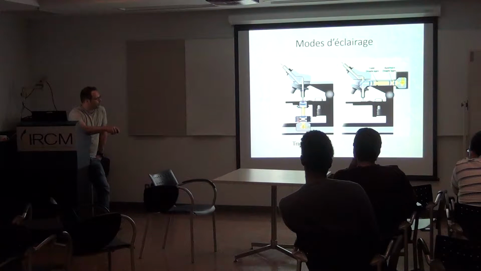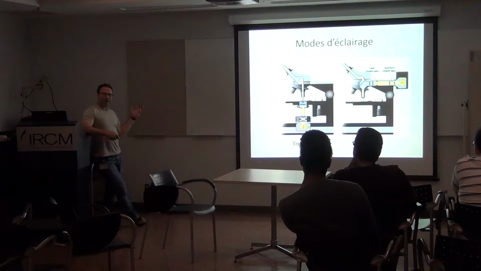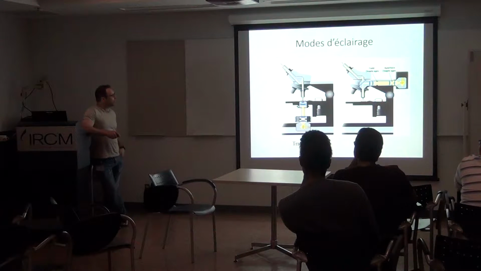That would be an inverted microscope, but here it's an upright microscope where the objective faces down onto your specimen and the light source is under. And why it's transmitted, the light goes through your specimen, and what you observe is just the shadow that is produced by your specimen. So the object will be black and the background will be white.